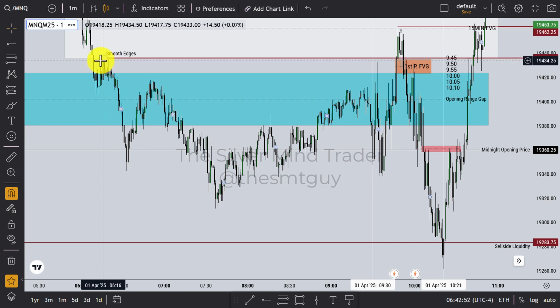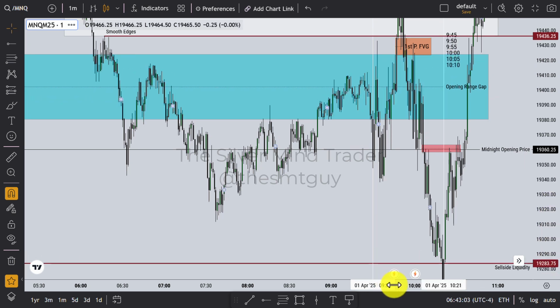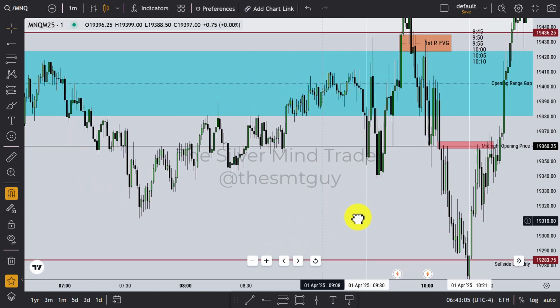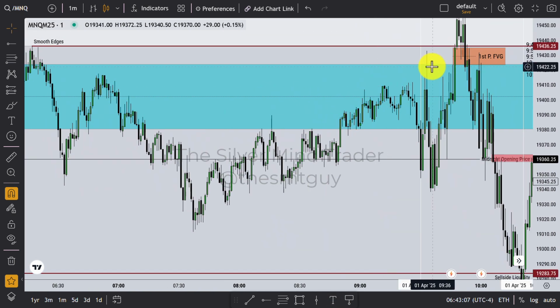This is a very high probability buy side liquidity. At 9:33, we are not trying to trade. We are only looking for a high probability setup at a particular time, which is that macro, when we expect that the algorithm will begin to act and start following the script.